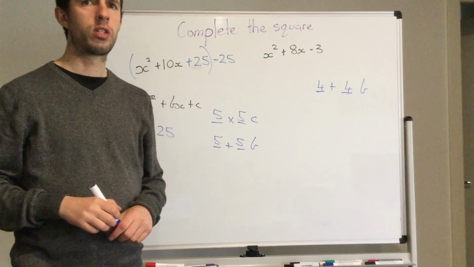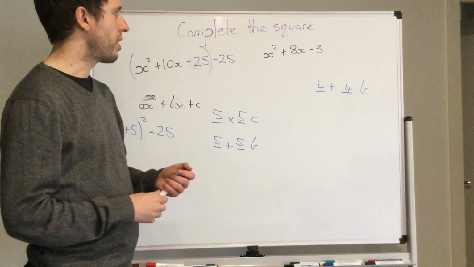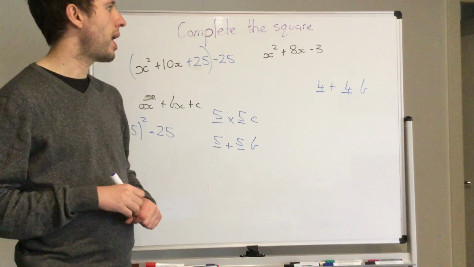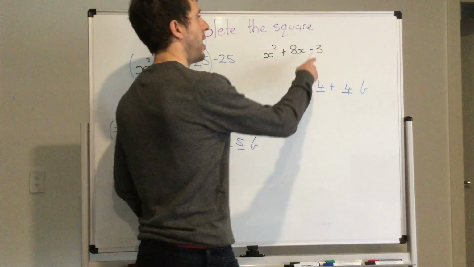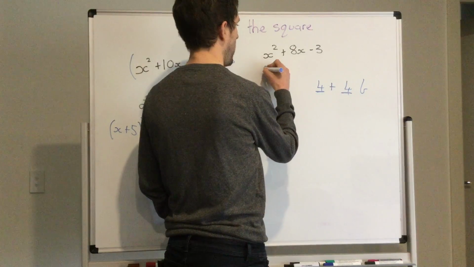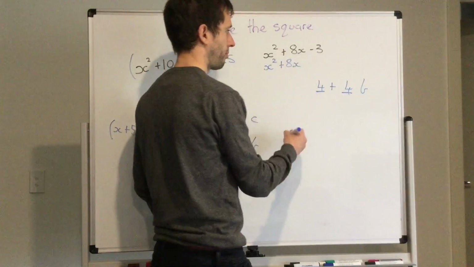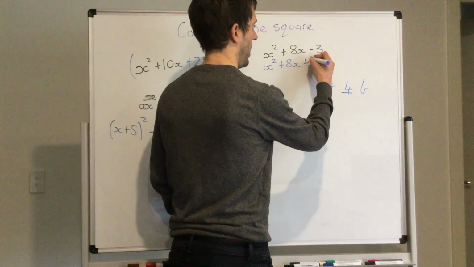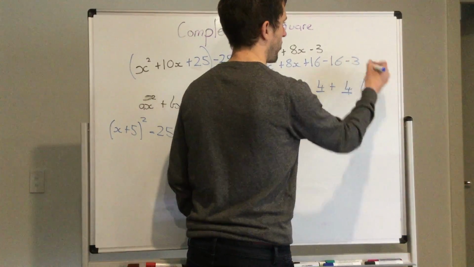So what's 4 squared? 16. So I know 4 squared is 16, so I am going to add 16. So x squared plus 8x plus 16 minus 16, take 3.